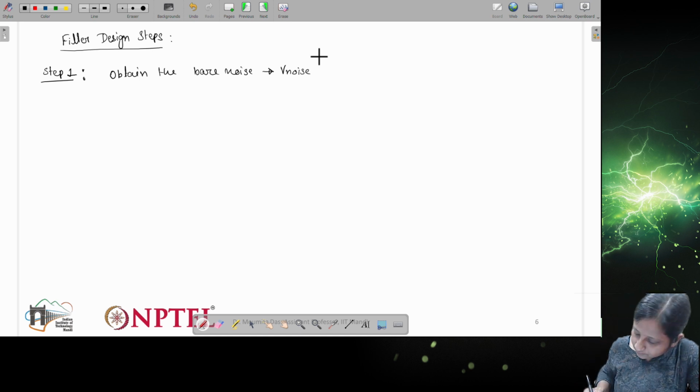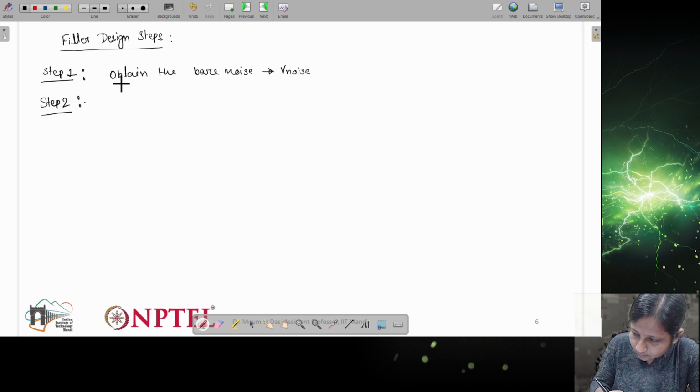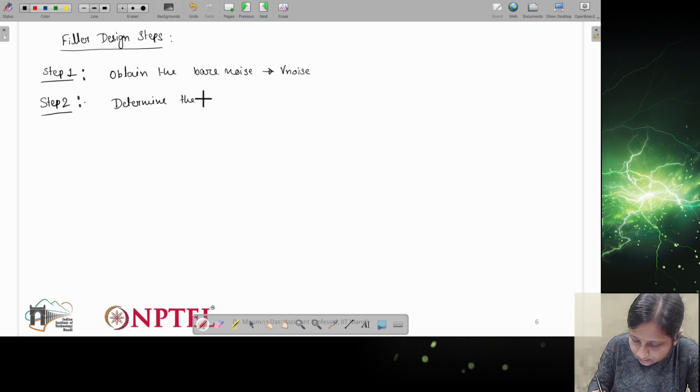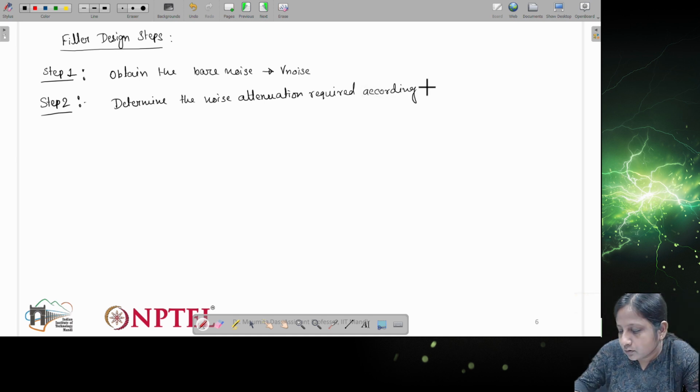Then step 2 will be: determine the noise attenuation required according to the following equation.